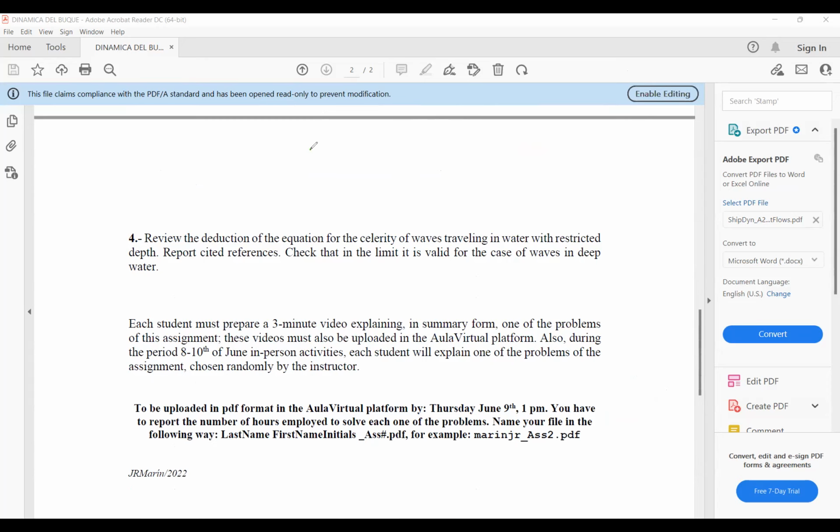You have the free surface, but in this case the water depth is here, and you see that the depth is not very large.